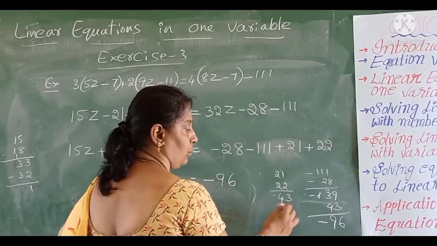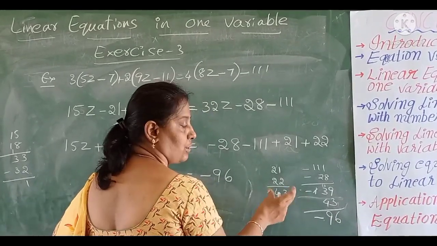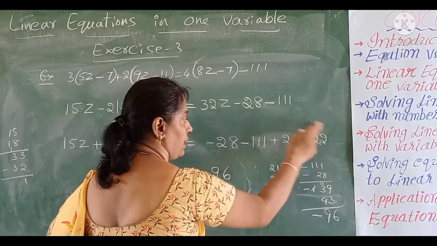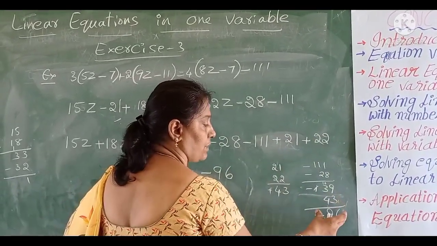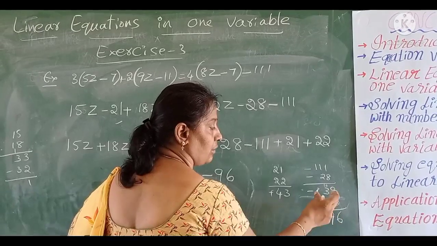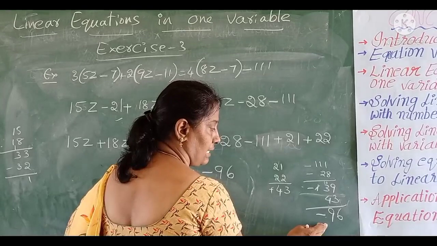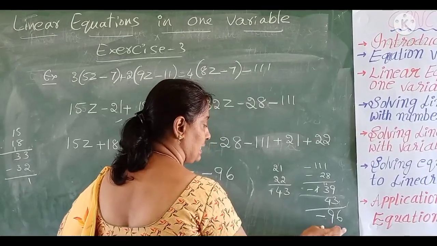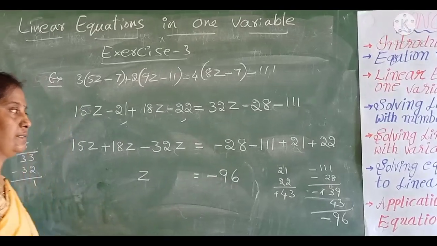But we have to subtract, since this one is bigger and this one is smaller. So minus 139 plus 43. How much do we get? Minus 96. So z is equal to minus 96.